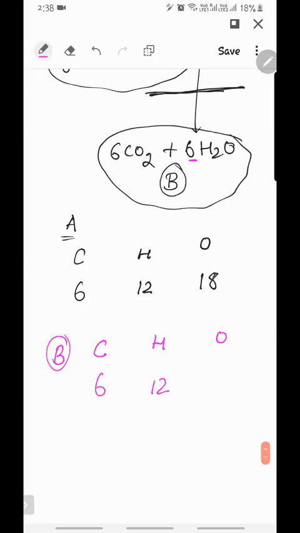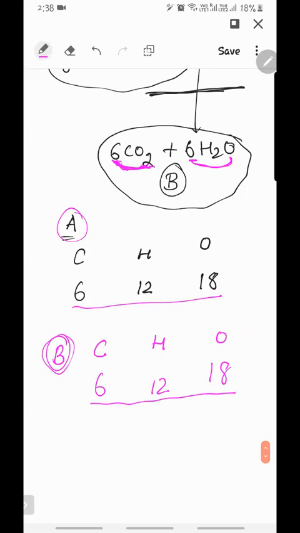Then 6 oxygen is there, and 6 times 2, 12. So this is 12 plus 6, 18 oxygen. So the equation on side A and side B should be balanced.